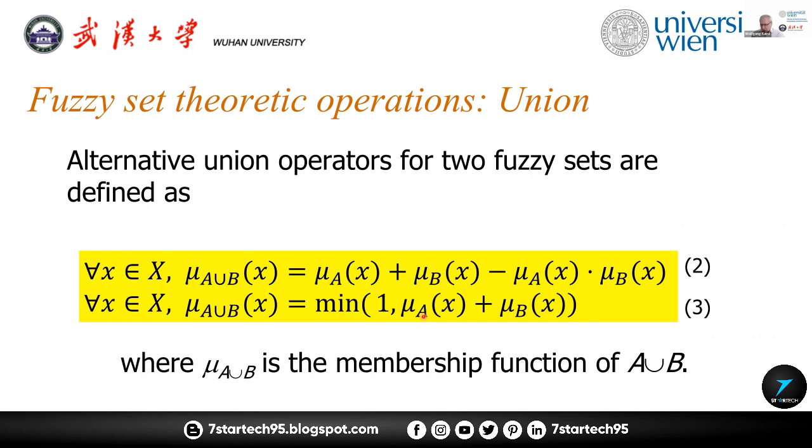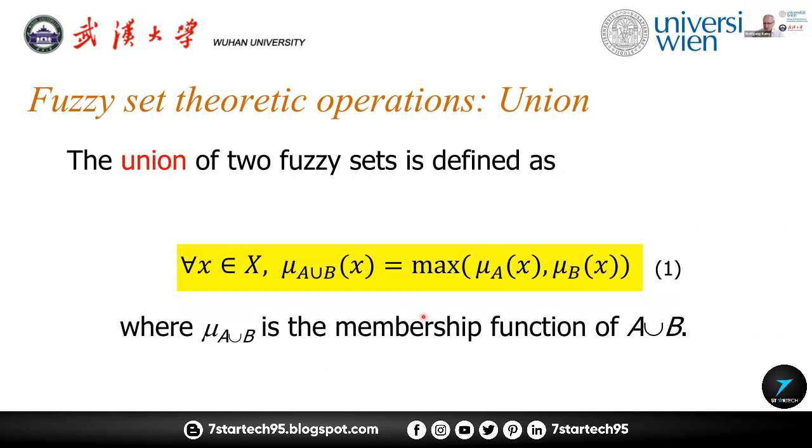Now, you might ask, but how can we guarantee that the membership value is always between 0 and 1? Well, in fact, it is very easy to show that for all three of these operators, the membership function of the result is always between 0 and 1, because the membership value is between 0 and 1. So if we have for both a membership value of 1, then we would have the maximum of 1 and 1, which of course is 1.